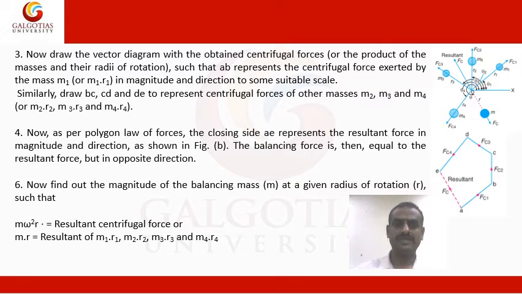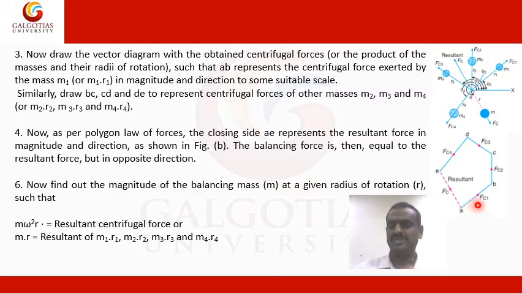Now draw the vector diagram with the obtained centrifugal force such that AB represents the centrifugal force exerted by the mass m1 in magnitude and direction to some suitable scale. We just consider a point A. From point A we draw the vector Fc1.